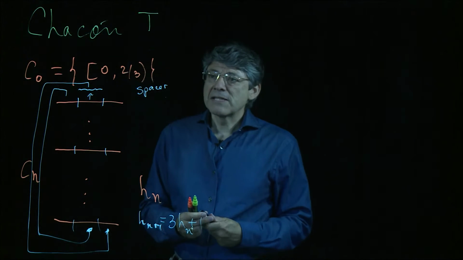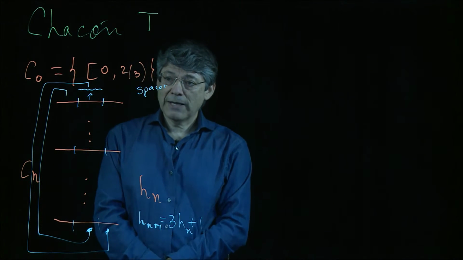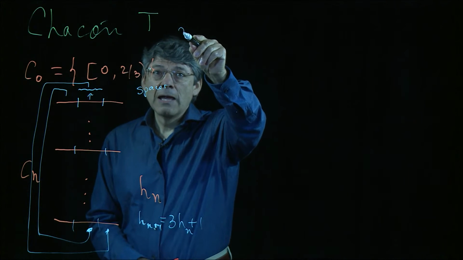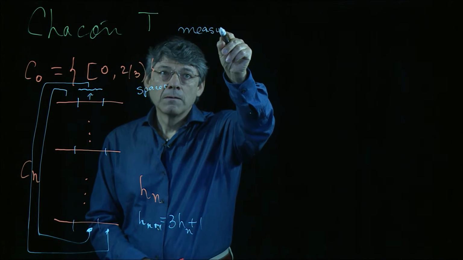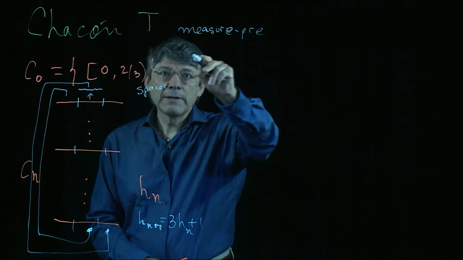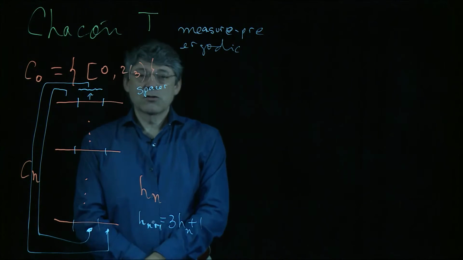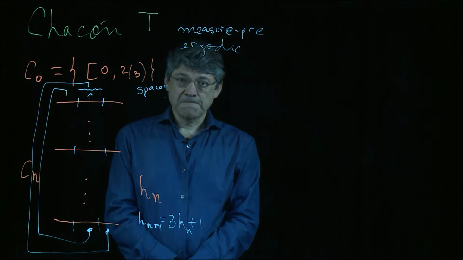The basic properties that we originally proved for the von Neumann-Kakutani transformation, which are that it is measure preserving and ergodic, are also true in this case. The argument we gave before holds here.